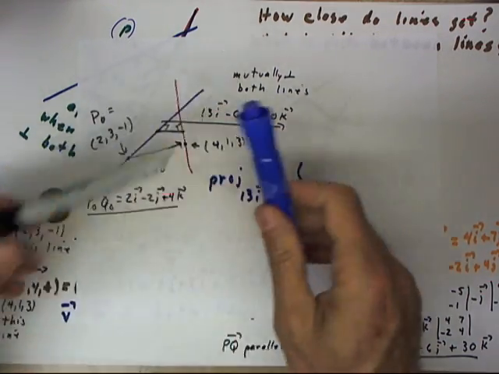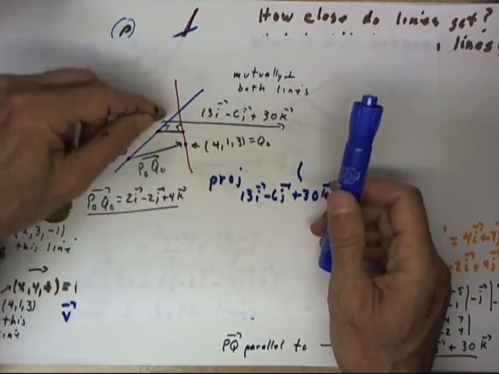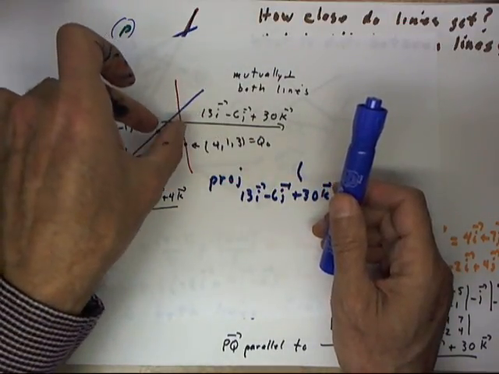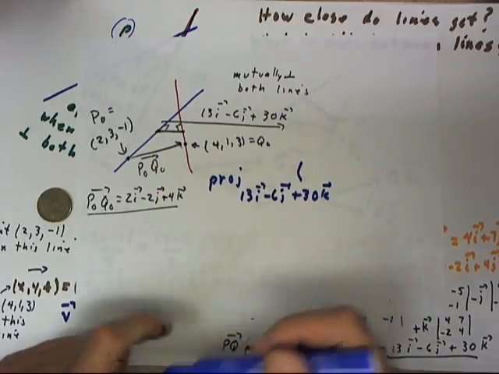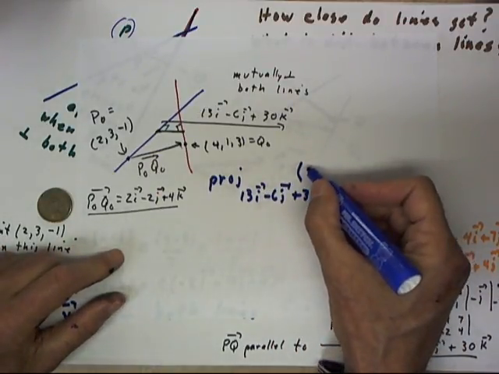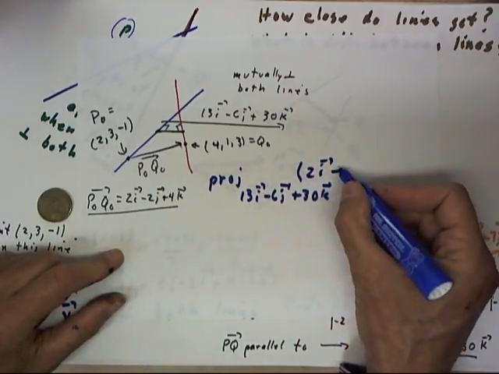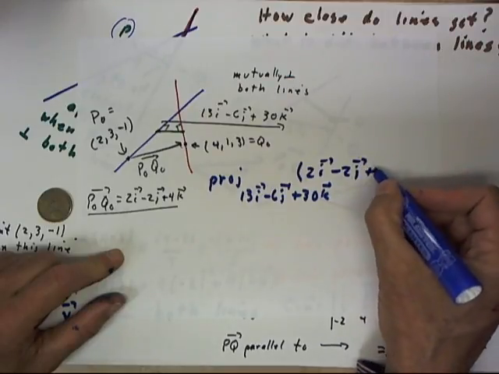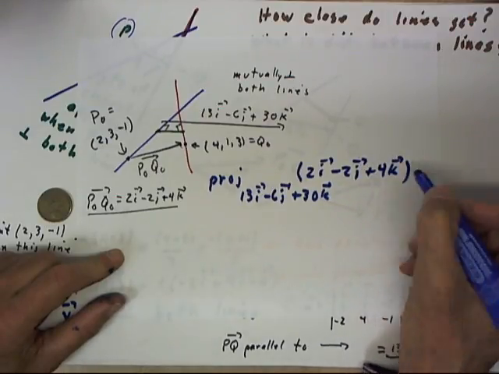So now when we project this vector onto this vector, obtaining this distance, we'll be projecting the vector 2i minus 2j plus 4k.